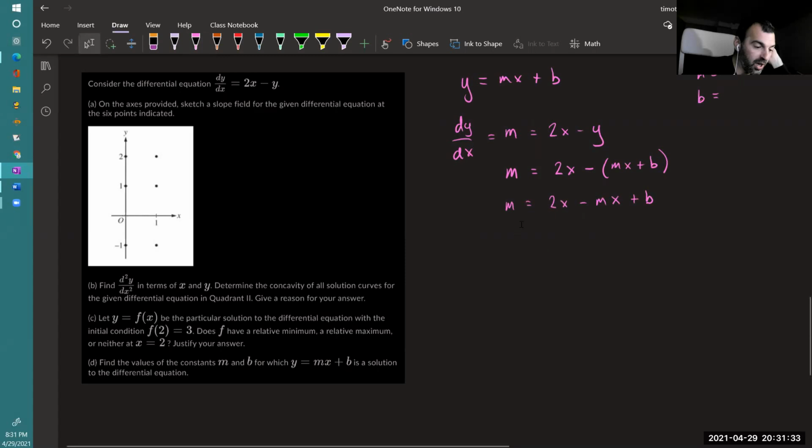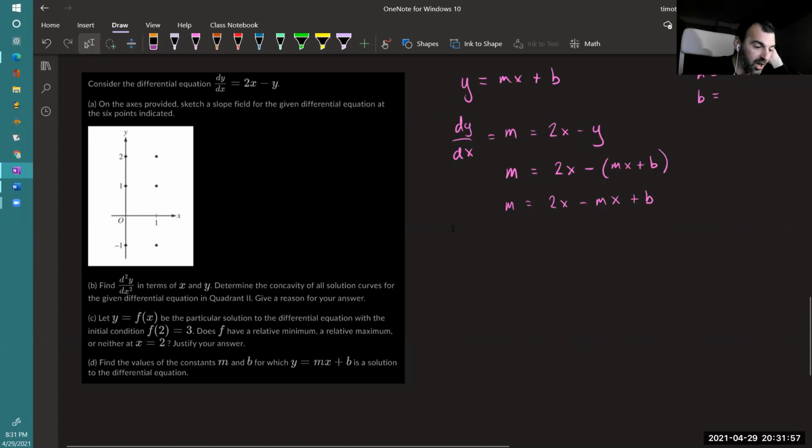So what are we going to do? What we want to say is, look, I'm trying to build a solution that works for all x and all y values.